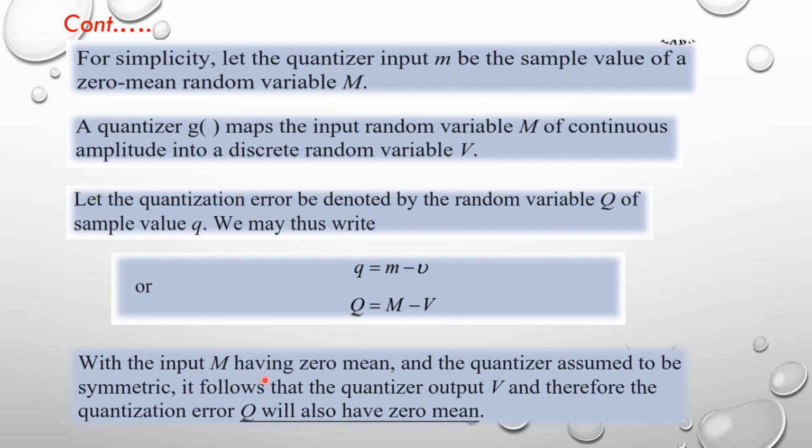With the input m having a zero mean and the quantizer assumed to be symmetric, it follows that the quantizer output V, and therefore the quantization error Q, will also have a zero mean. The error, denoted Q, whether small q or big Q, is equal to m minus v.